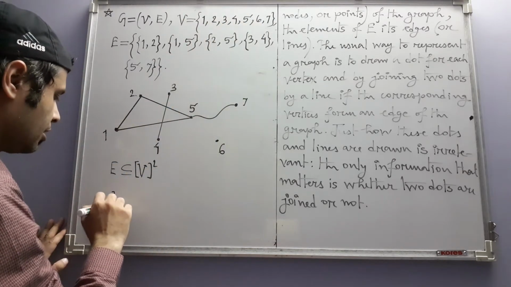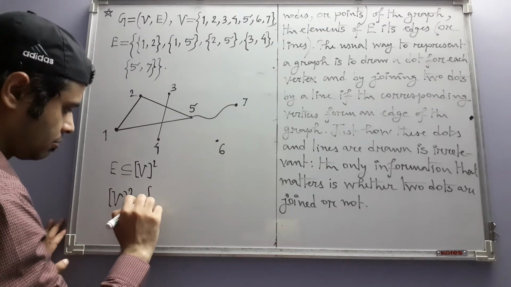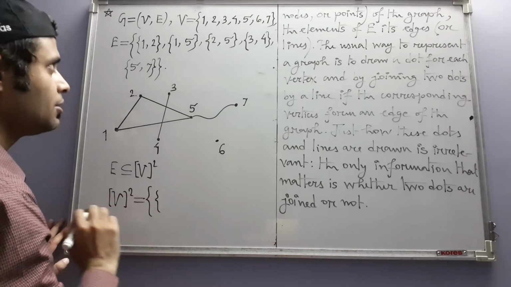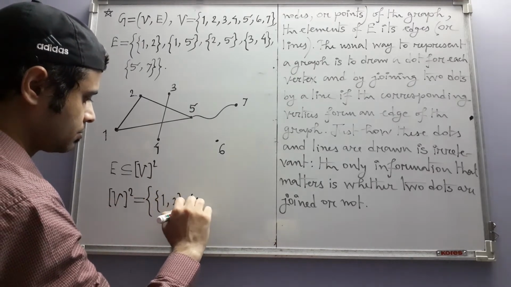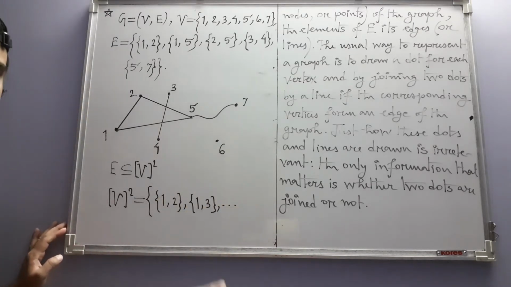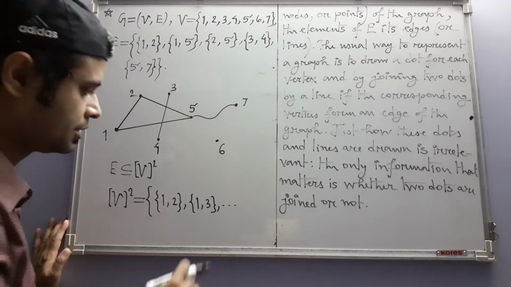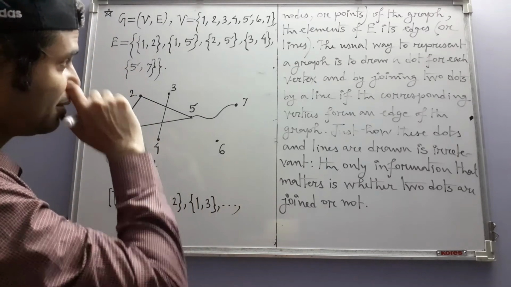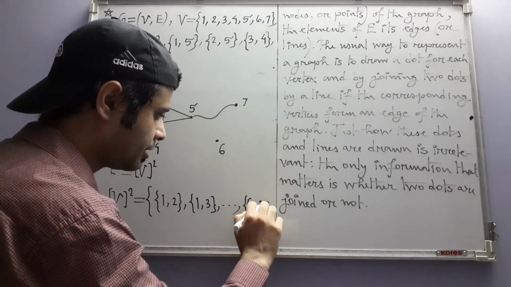So if we really think about this set, then it has all these subsets: 1, 2, 1, 3, 1, 4, 1, 5, 1, 6, 1, 7, then 2, 3, 2, 4, 2, 5, etc., all the way up to 6, 7. I mean, I think you get the point.